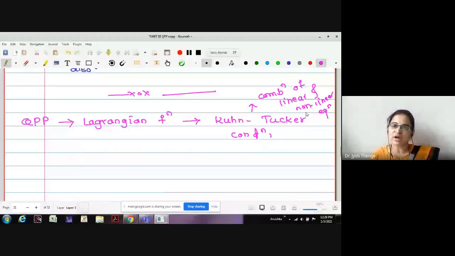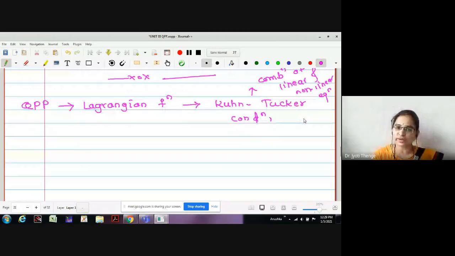How were we solving this combination of linear and non-linear equations? We were solving the system of linear equations by taking care of the additional non-linear equation. And whatever solution is obtained by the Kuhn-Tucker conditions will be the solution for the Lagrangian function, right?